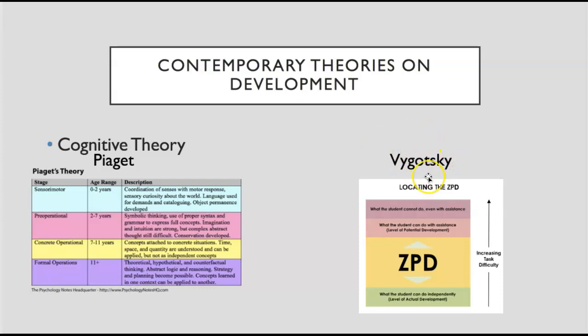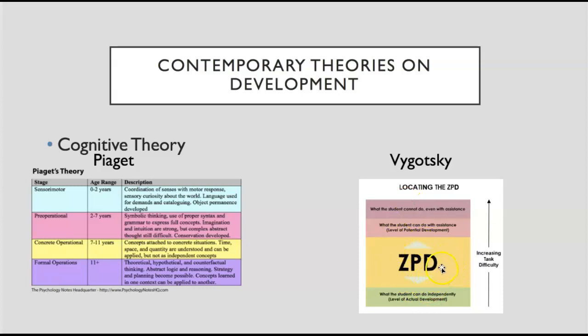Vygotsky believed that culture and language were essential to the child's development. He believed that cognitive development works best when the child learns from peers who are slightly more skilled. And what I have here is a picture of what Vygotsky referred to as the zone of proximal development.